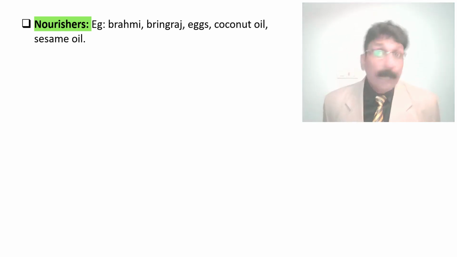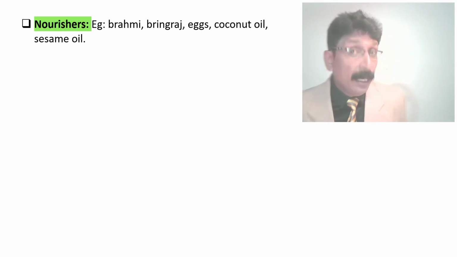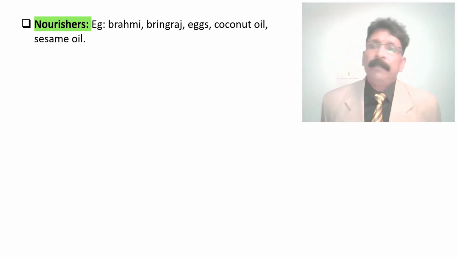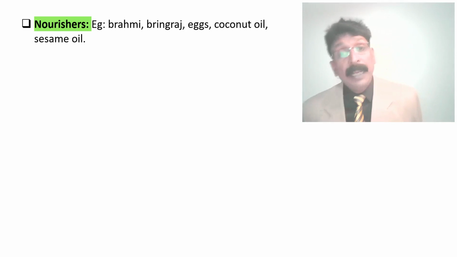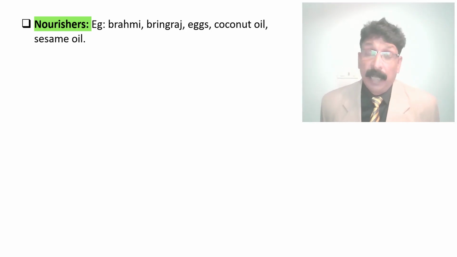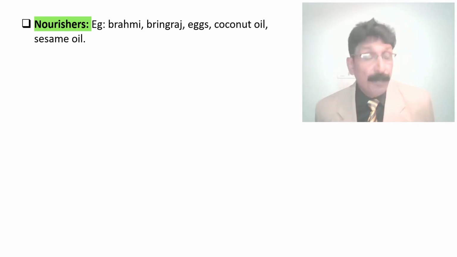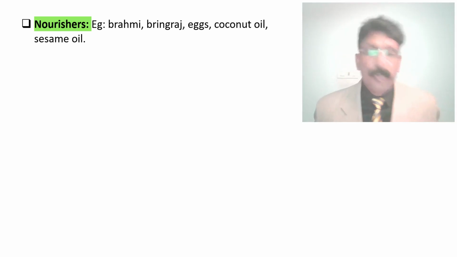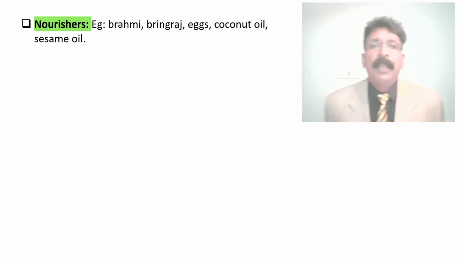Another Brahmi, in Malayalam called Neer Brahmi, is again more useful for Alzheimer's and memory loss. So two Brahmis are there. I am explaining only one Brahmi here, and another I will cover elsewhere. So students should remember what this Brahmi is.